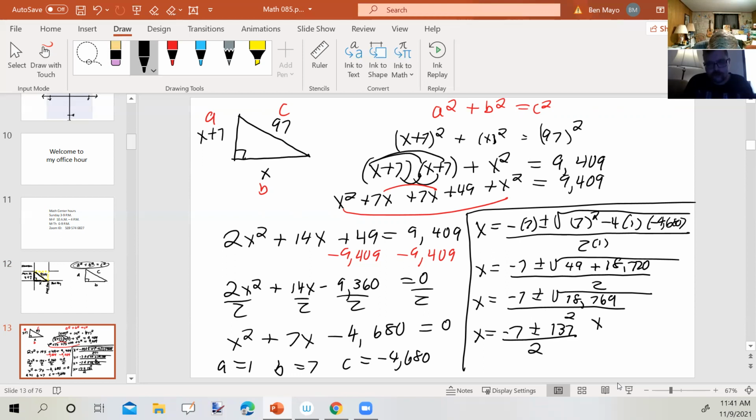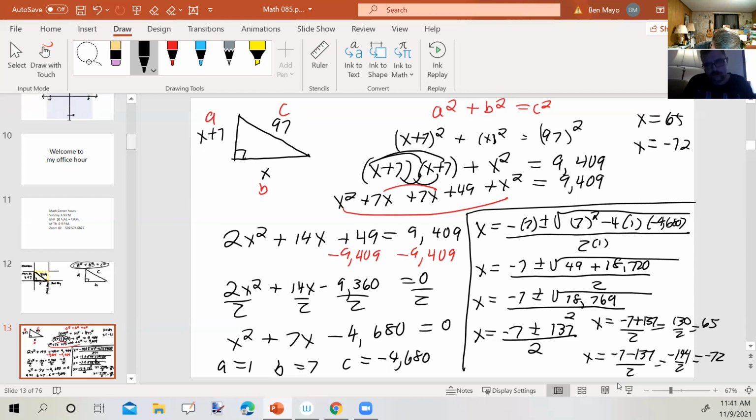So now we've got x equals negative 7 plus 137 over 2, which is 130 over 2, which is 65. And we've got x equals negative 7 minus 137 over 2, which is negative 144 over 2, which is negative 72. So we've got x equals 65 and x equals negative 72.